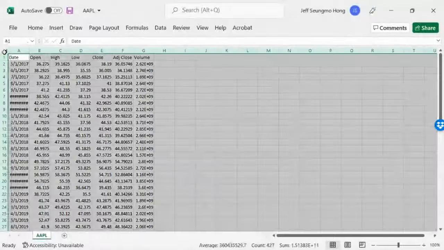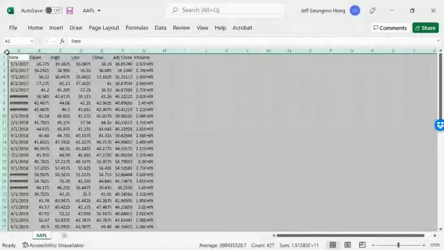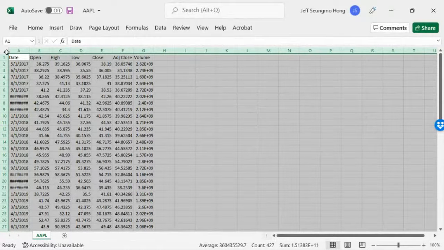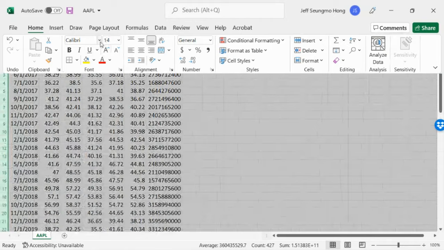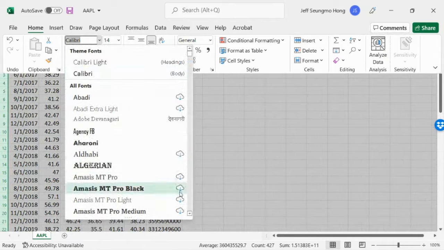Now, the way it is now, I don't like this because the default font is not very vision friendly. So I would like to change the font face and the font size. Click here, this corner, and then increase the font to size 14.